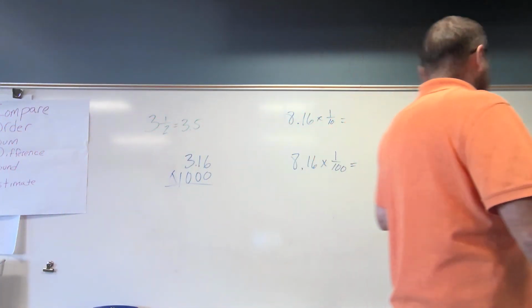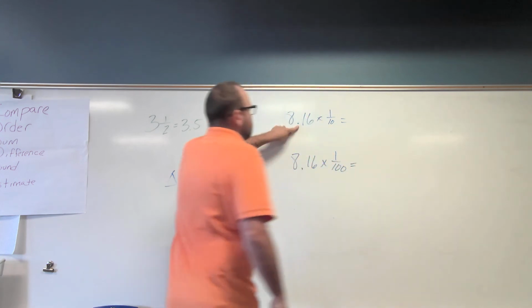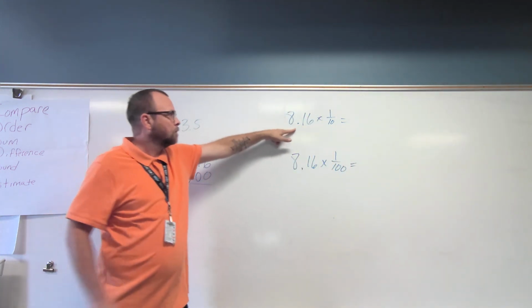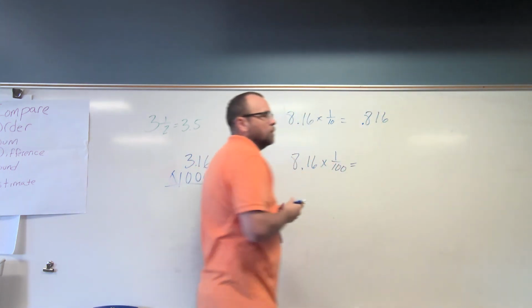So 8 and 16 hundredths times 1/10 is what, Sam? Which direction does this decimal point need to move? Right. No, left. Left. Good. So I'm going to have 0.816. The 0 is going to be in front of the 8.